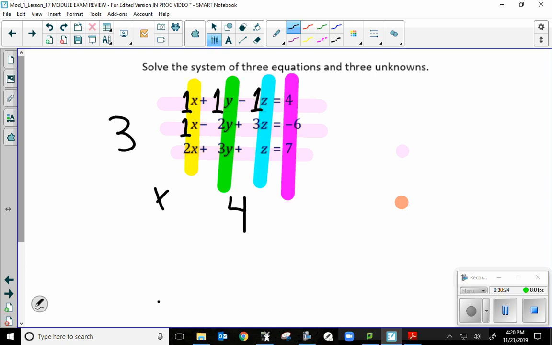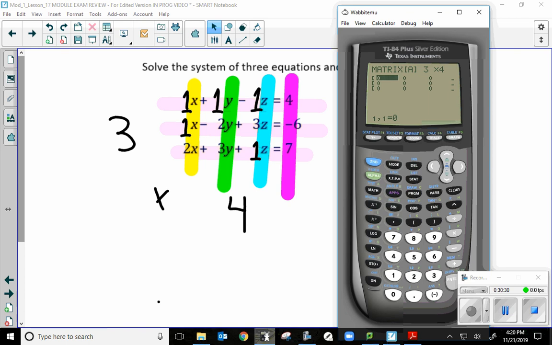And likewise, at the bottom, I have 2x plus 3y plus 1z equals 7. So I'm literally going to type these in. So this first equation, my numbers are 1. I have another 1. Then in front of my z is negative 1. Then my answer is 4. So I go on to the next one. I just type them in.